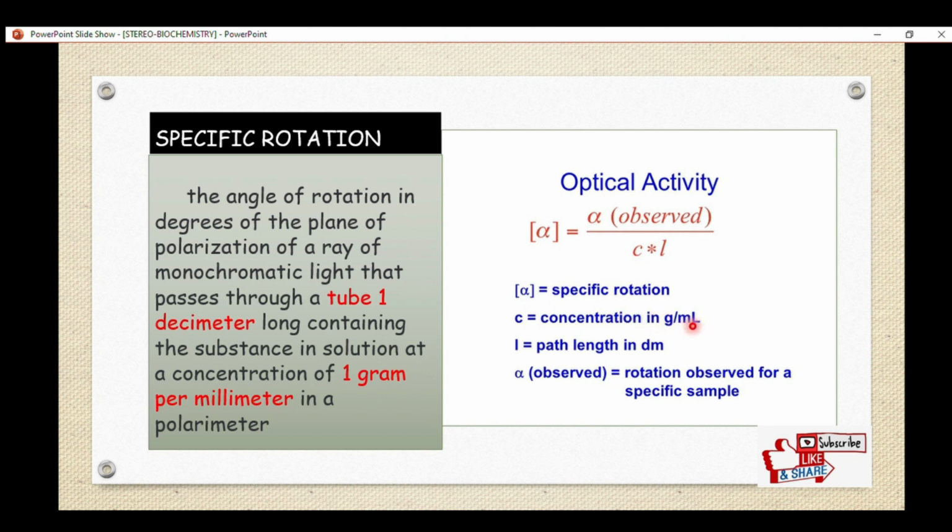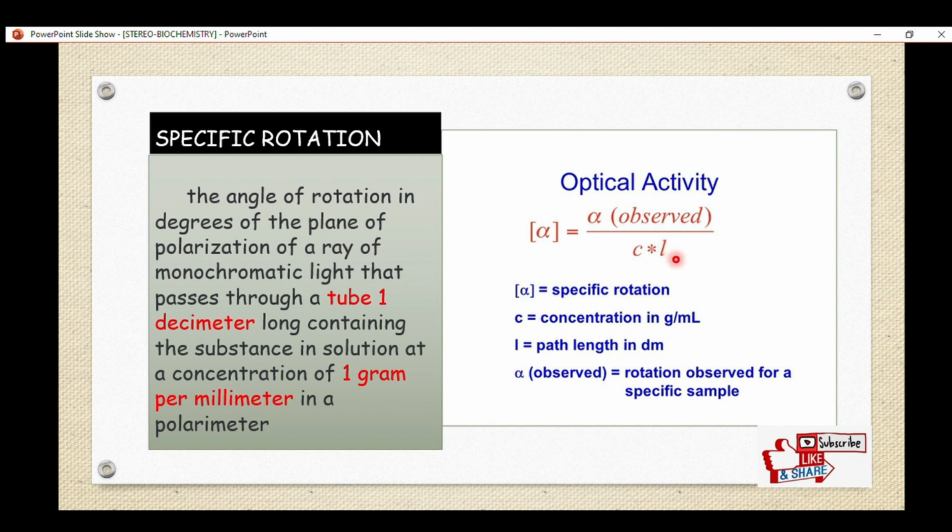This C here is concentration, and this concentration is recorded in gram per mil. In calculations they can give this to you as, let's say, kilogram per meter or any conversion. So when you are given gram per cm cube, that means you have to convert it into gram per mil before you can use it in calculating the specific rotation.